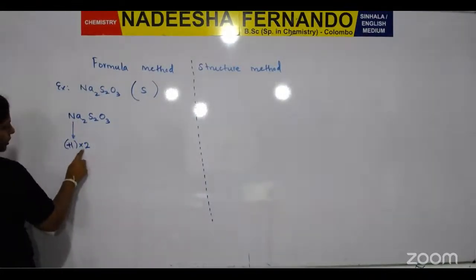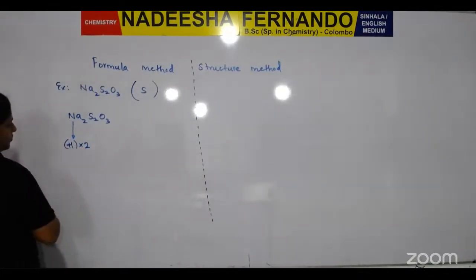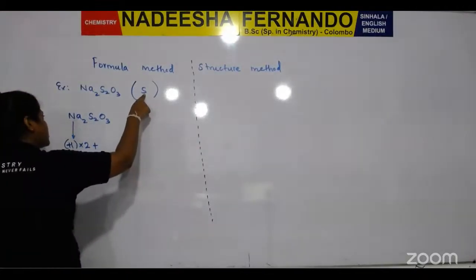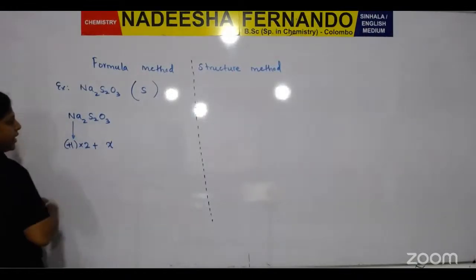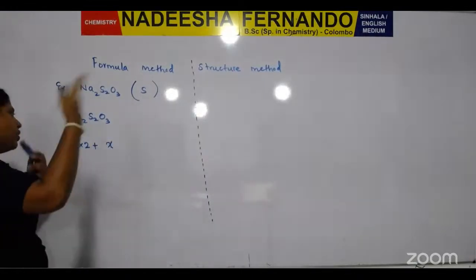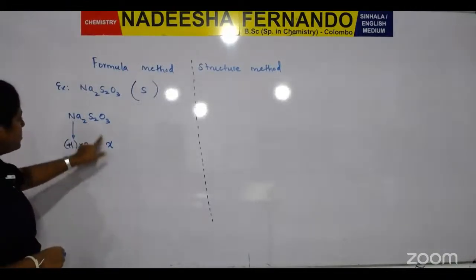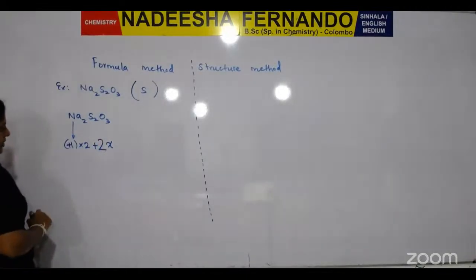That's why you need to multiply this by 2. +1 into 2, plus you need to take the oxidation state of sulfur. For one sulfur, take any variable as X, Y, Z, or any variable. There are 2 sulfur atoms. Therefore, you should take this one as 2X.